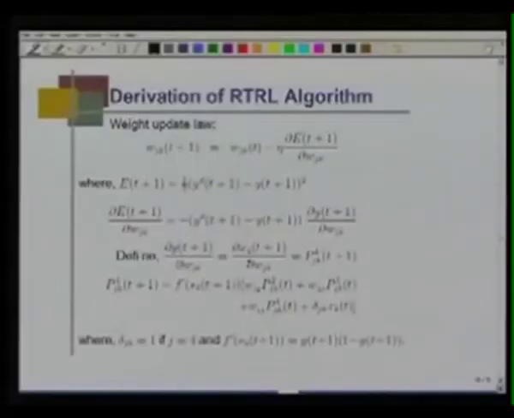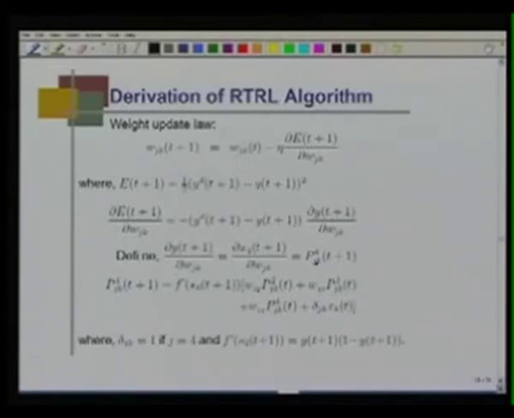So, y is x4 at t plus 1, and we will define this particular function as p4_jk. That means the differentiation of x4 at t plus 1 with respect to w_jk is p4_jk at t plus 1, and the same thing computed at t is p4_jk at t.